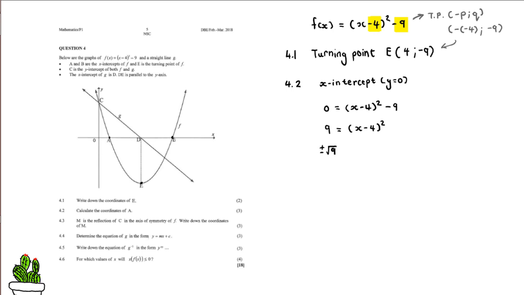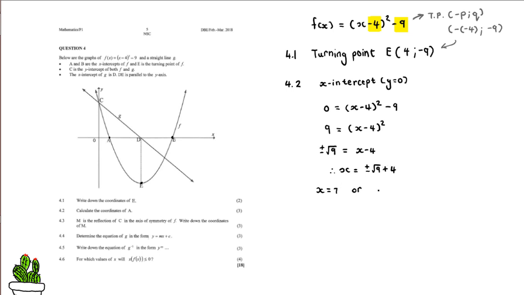So you have plus or minus the square root of 9 is equals to x minus 4. Right? Then, therefore, your x is going to be plus or minus the square root of 9, plus 4. This means that x is either equals to, if you're considering the plus sign, then you have positive square root of 9, that will be 3. 3 plus 4 is 7.